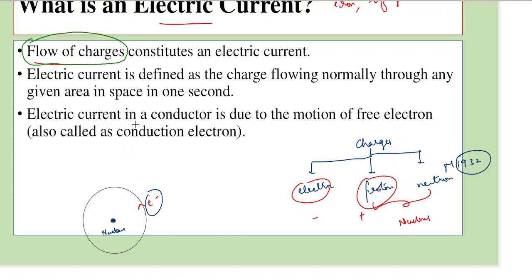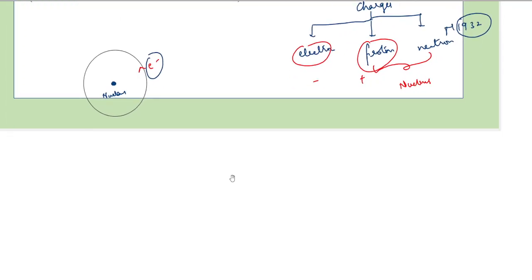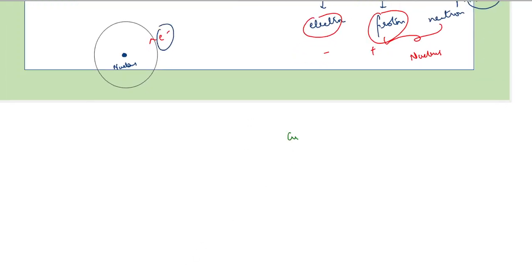Now to define it more technically, we can say electric current. It is called electric current because the idea of current is a common term. Current can mean flow of charges, current can mean flow of water, or current can mean flow of some other fluid also.